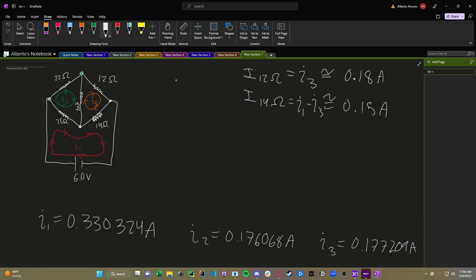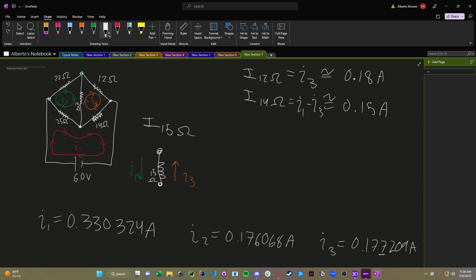Now, the 15 ohm resistor, and this one they asked for the direction specifically in part B. So the 15 ohm resistor looks like we have, sort of looking at it on our diagram, it's I3 going up and I2 going down, right? So we're looking at this right here. You can see that the arrows are in opposing directions. So of the two, we have to consider which one's the dominant current, which one determines the direction.